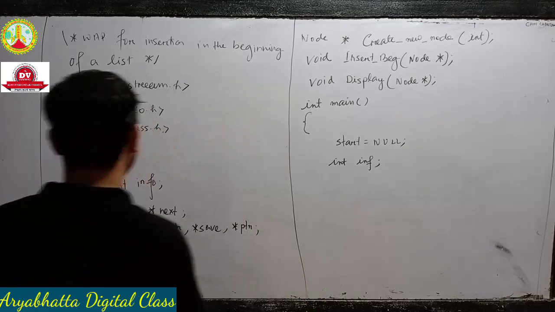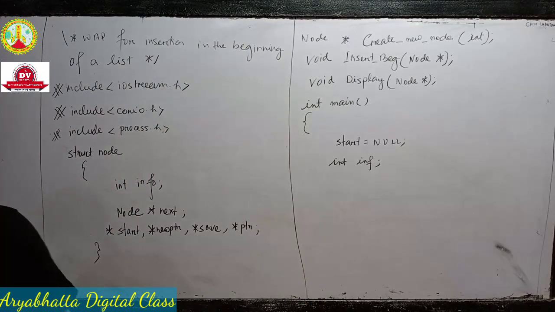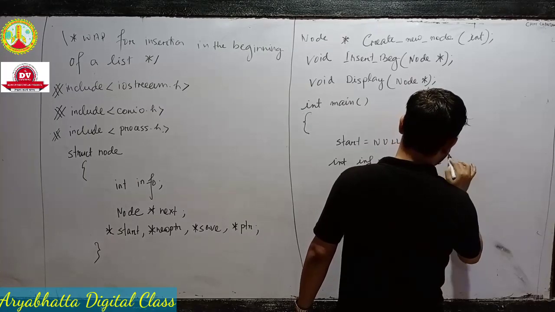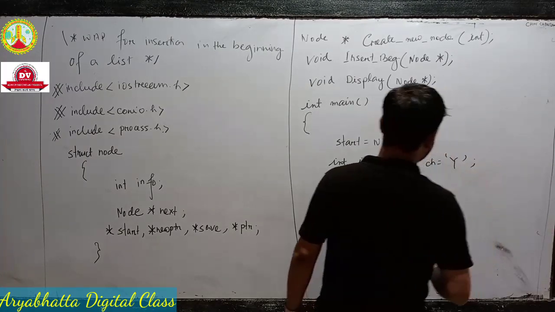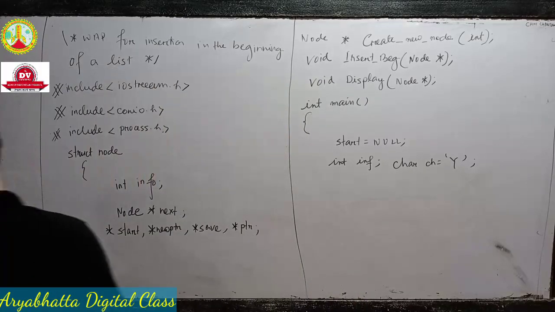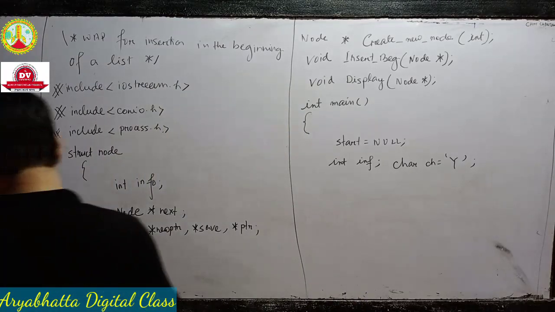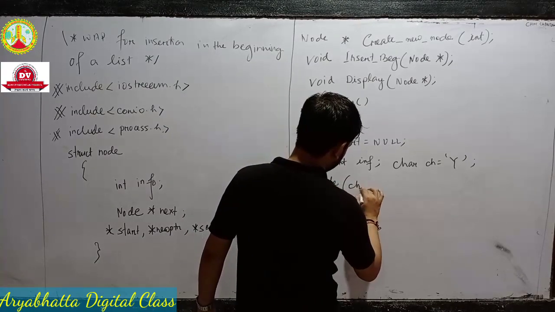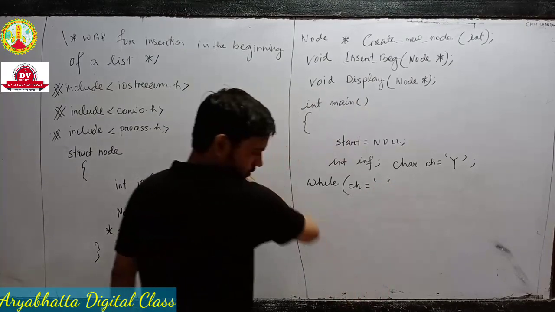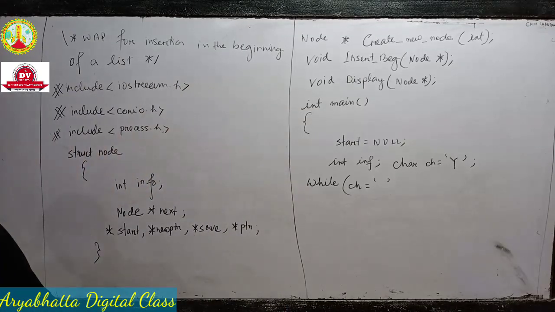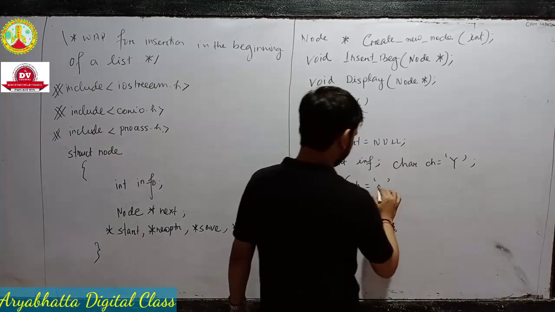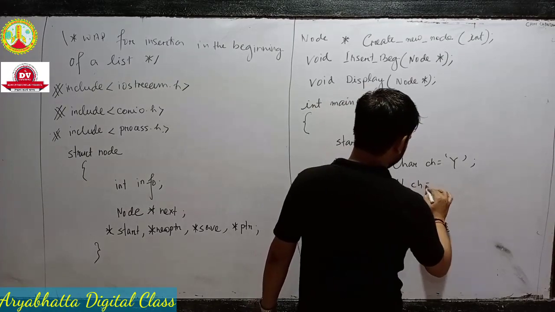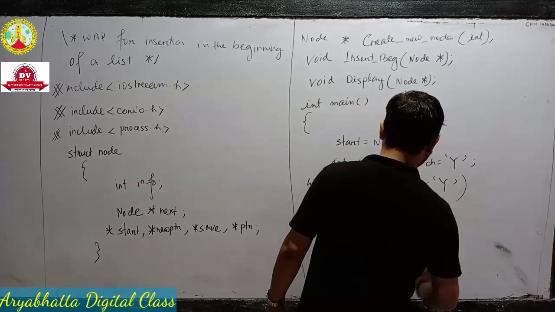int info, and character ch initialized by capital Y. We use a while loop: while ch is equal to small y or, this is the logical operator, capital Y, same thing.